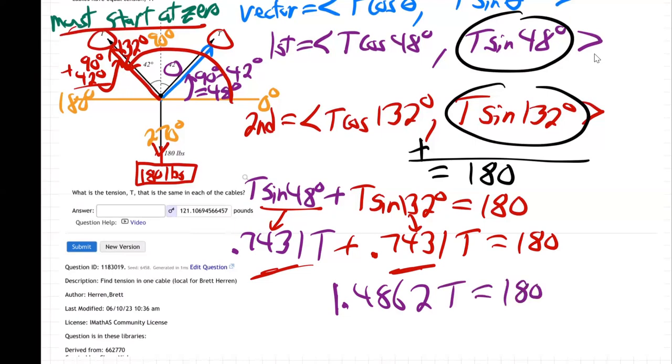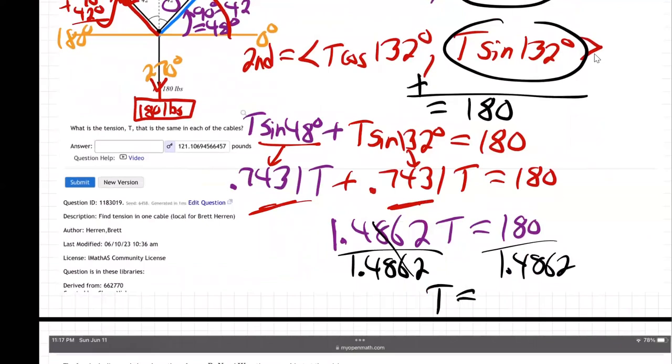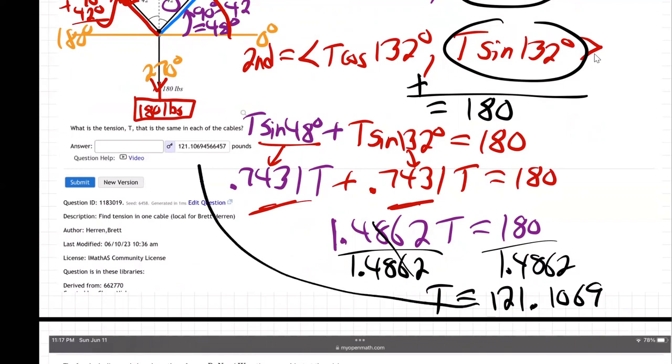Then you can solve for T. Divide by 1.4862. Boom. T equals, and my calculator's telling me 121.1069, which is exactly what we got here. That's the answer. That's the tension in those cables.